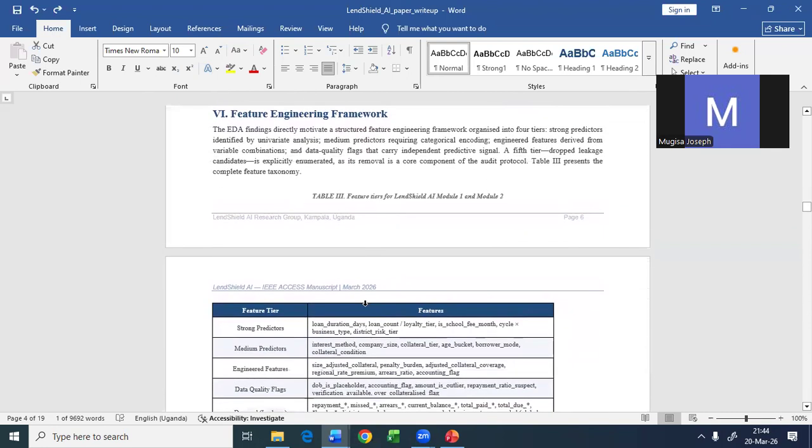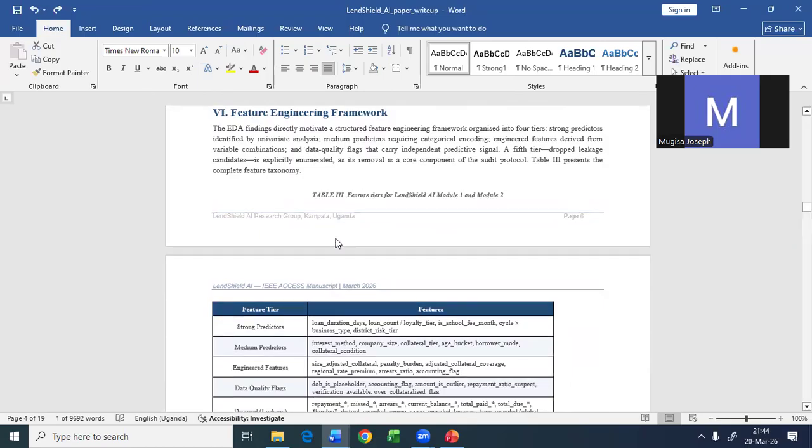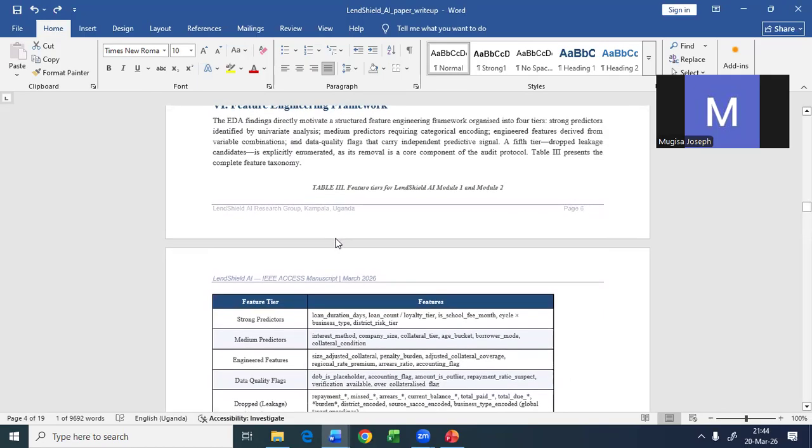So if we look at the feature engineering, here we just had to categorize the findings, and we categorized them in only 4 tiers, but the fifth tier was explicitly enumerated.